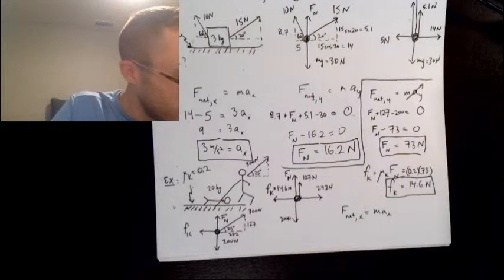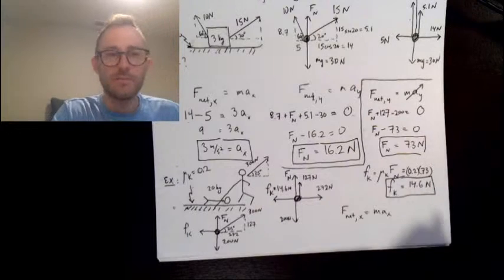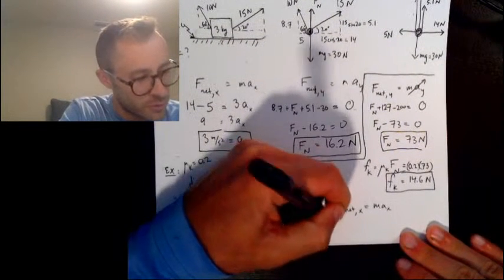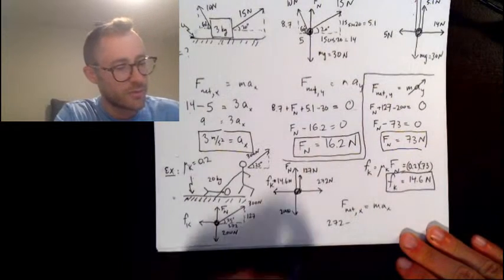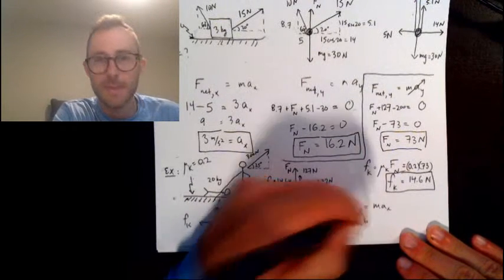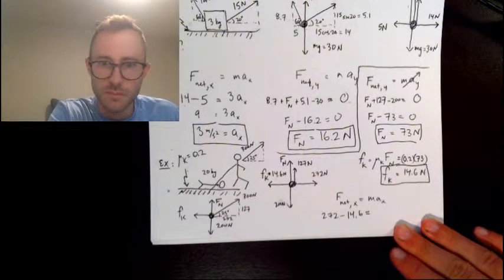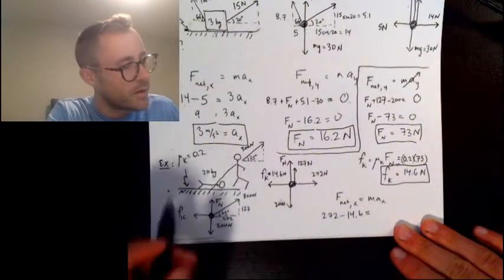257.4. Very good. So right force minus left force, 272 minus 14.6 equals 20A.